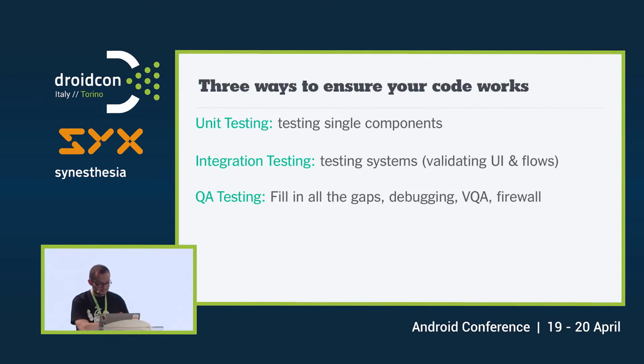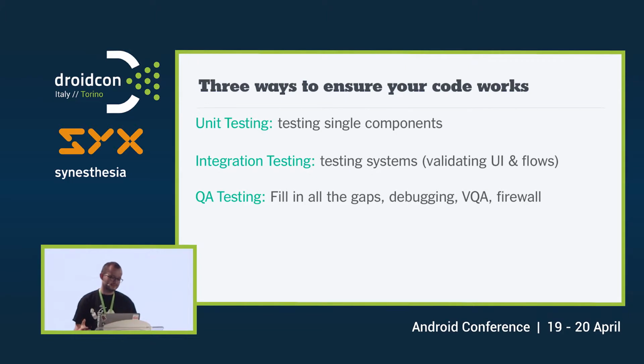So I went over three ways to ensure that your code works. First is unit testing, which is testing single components, classes. You mock a bunch of stuff that that class is dependent on. Then you have integration testing, so you're testing flows, using Espresso. And lastly is QA testing.